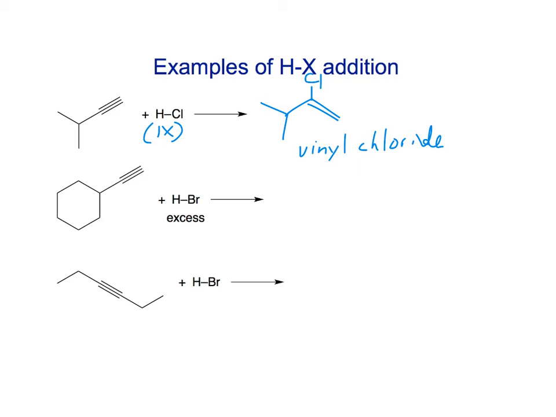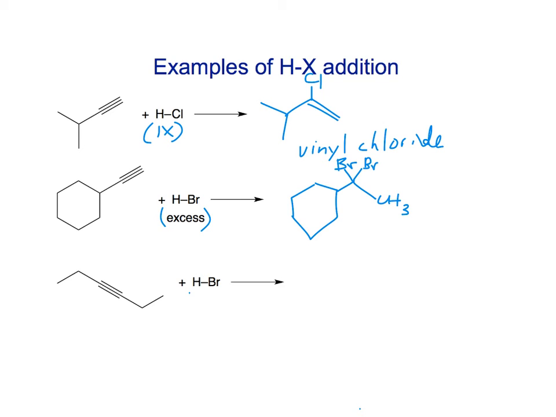In the second example, notice we're adding excess, so that means we're adding enough that the molecule will react with as much HBr as it can. So it would react once to give a vinyl bromide and react a second time to give us this dibromide like this, both bromines on the more substituted side. In the last case, notice that this alkyne is symmetrical, so the H could go to either end, and the bromine goes to the other end.